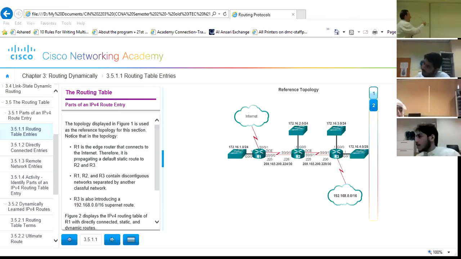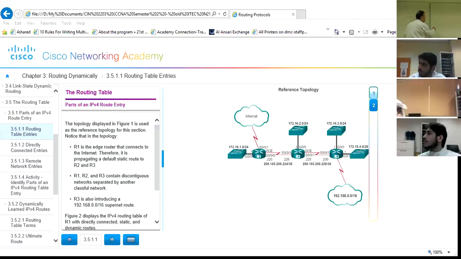When R2 receives it, it will check its own interface IP address. It says my interface IP address belongs to a completely different major network, and I've just received 172.16.0.0. What is the subnet mask? Since nobody told me, I will assume it is the classful subnet mask.